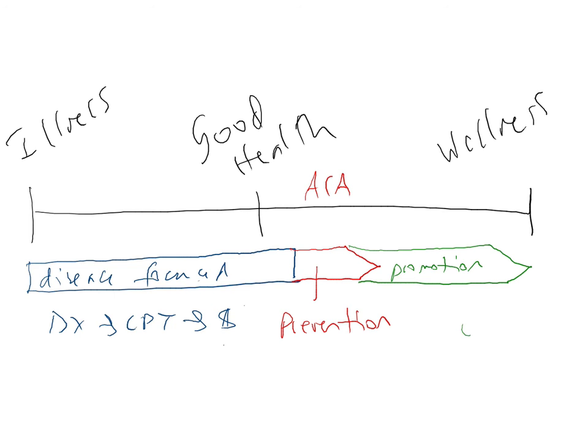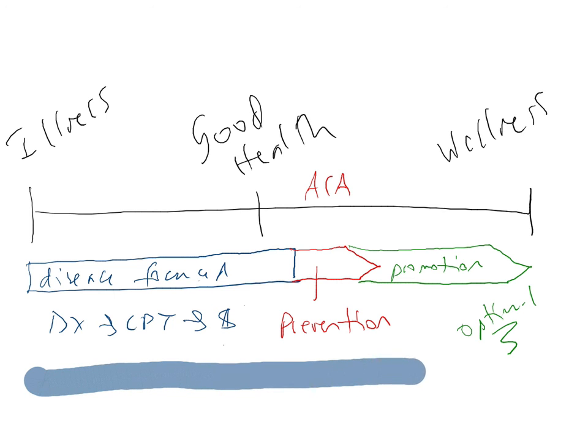So that really is focusing on optimal well-being. So we're beginning to see, when you think about the design of healthcare delivery systems, that these healthcare delivery systems are beginning to go all the way across the illness-wellness continuum. And that's good news for everybody.